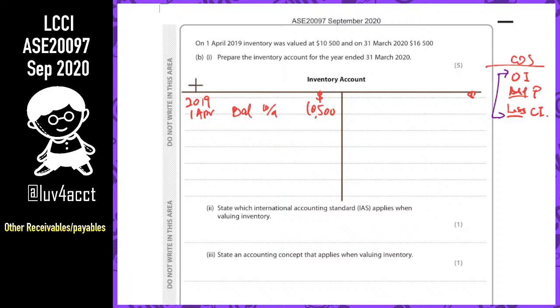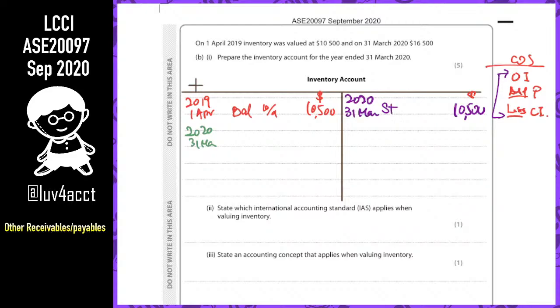So the first one would be year 2020. We transfer, we take away the opening balance 10500, 31st of March. We take it away. And then the second thing, let me change to another color. That will be on the same day, year end, 31st March. I have to write the thing first.